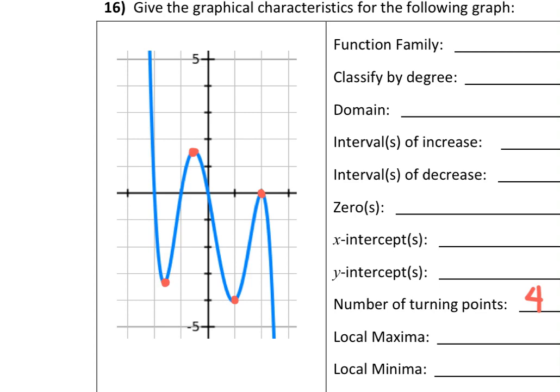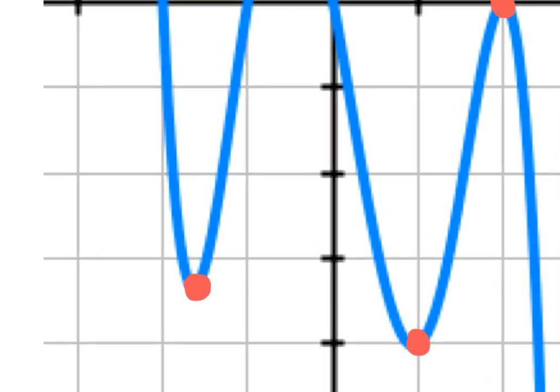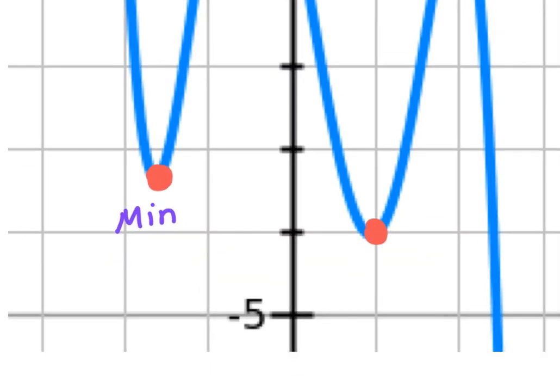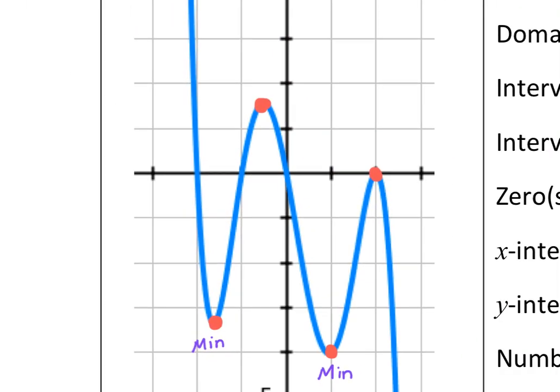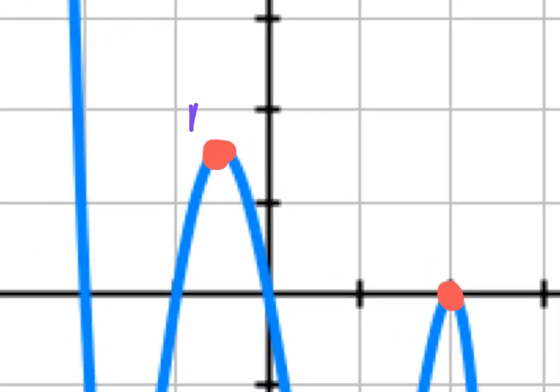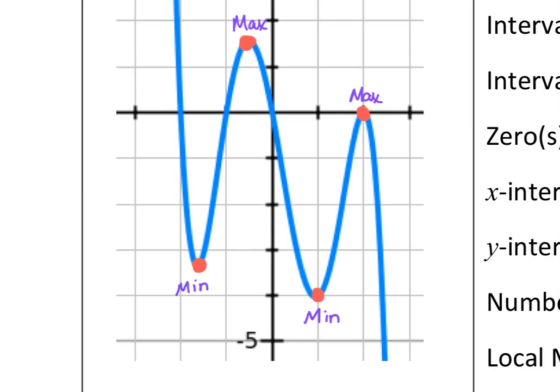And if you want to get really super picky, this is a min, and this is a min, and this is a max, and this is a max. Mins are at the bottom of a valley, maxima, sorry, is the appropriate word. Maxima are at the tops of hills.